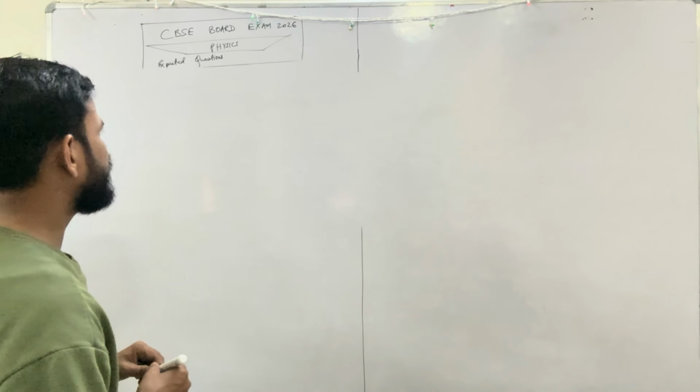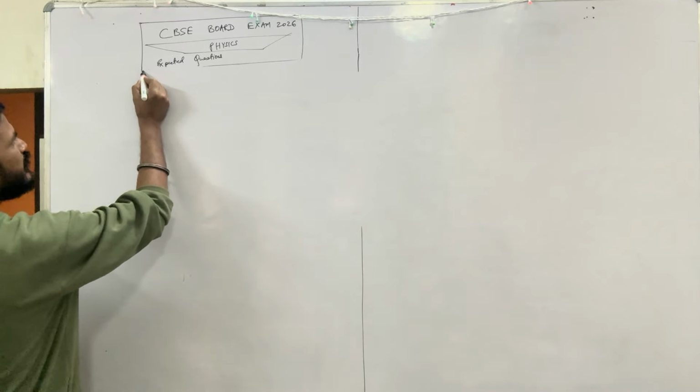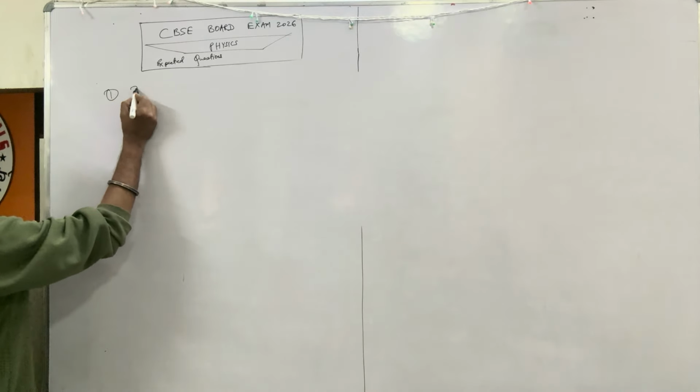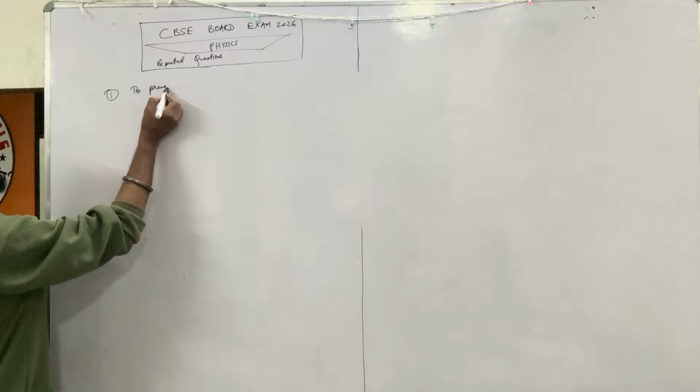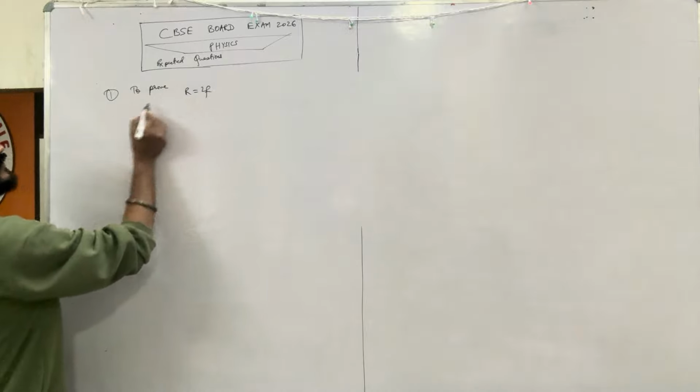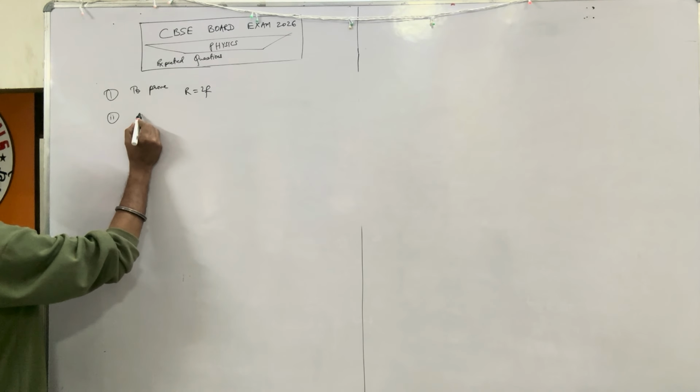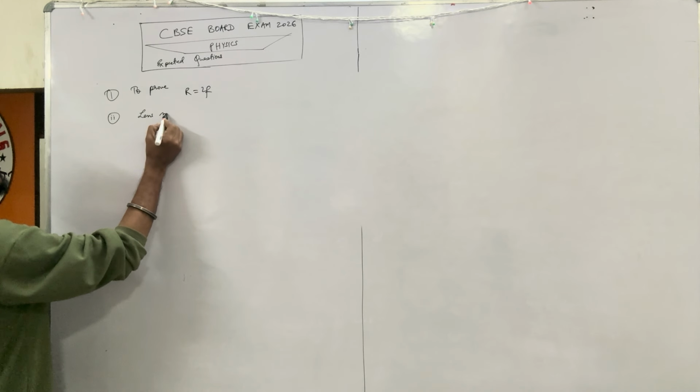From the derivation point of view, I'll mention the derivations that are important, which one should go through: to prove R equal to 2F. Other derivation is Lensmaker's formula.